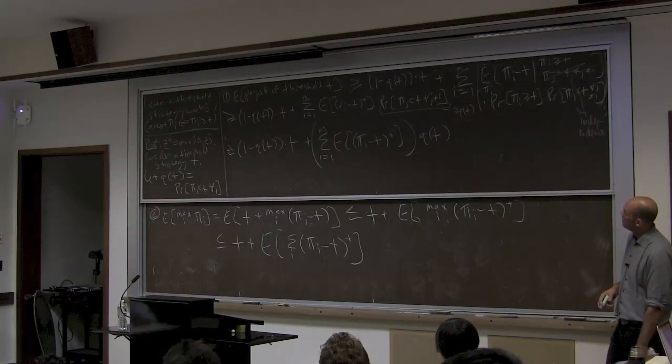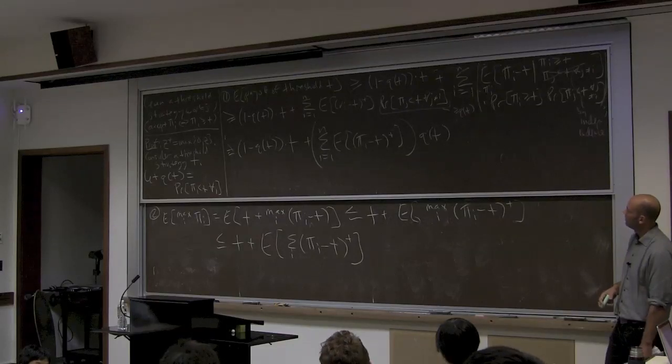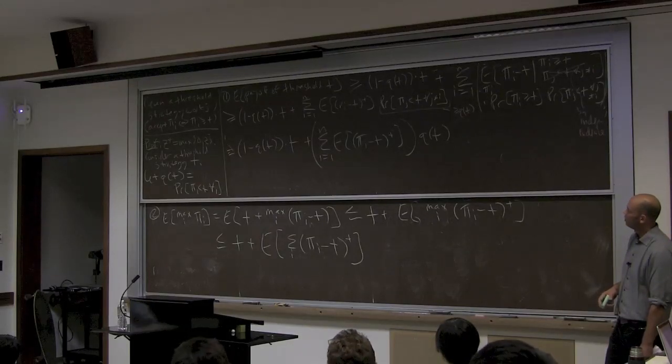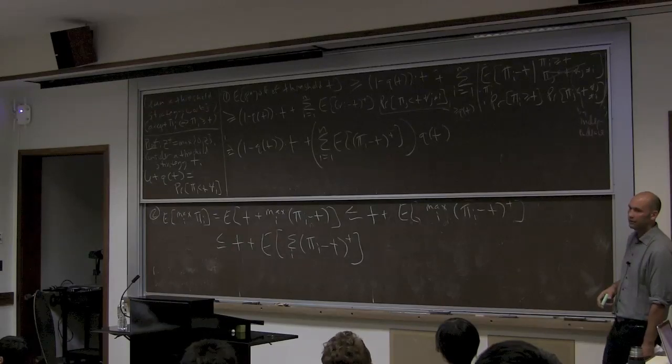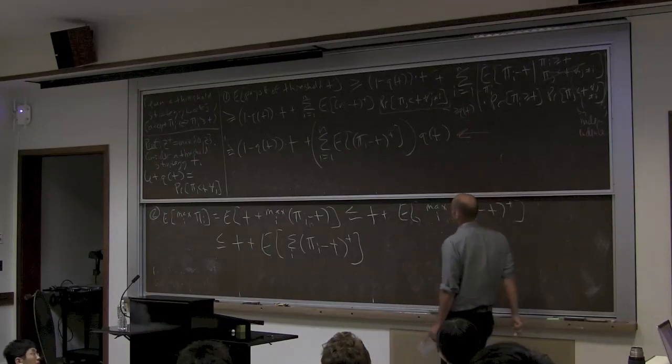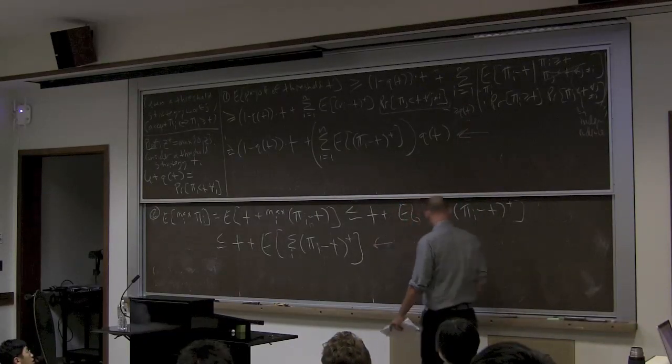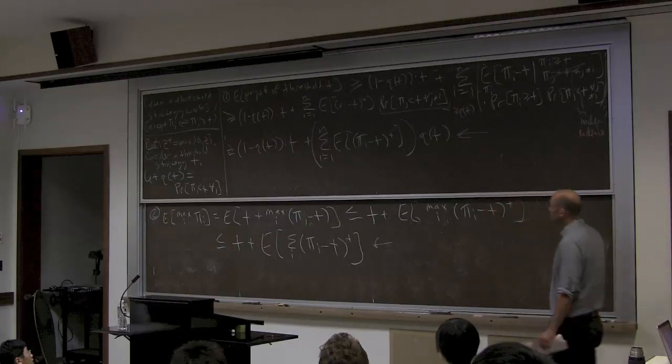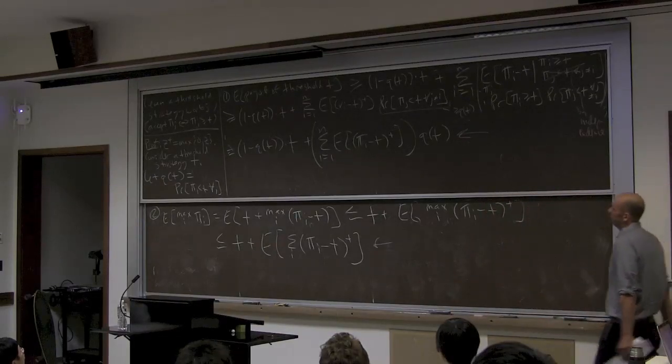So is there some value of q of t that would be super convenient for relating these two quantities? By these two quantities, I mean that one and this one. One half.